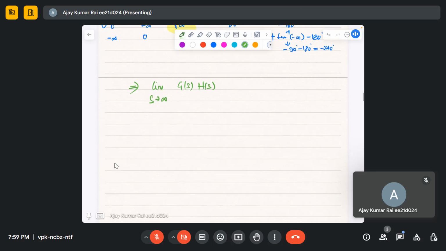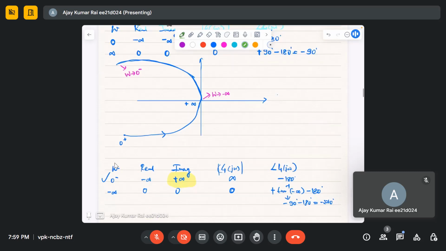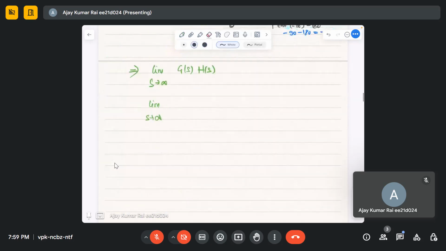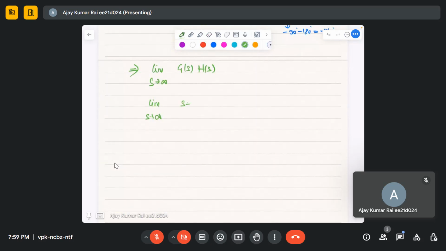Because it's a proper transfer function, you will get 0. So this is what is G(s)H(s), with s plus 5 is a square.